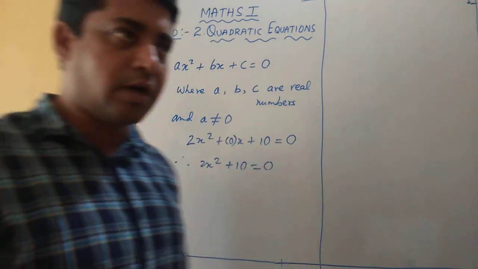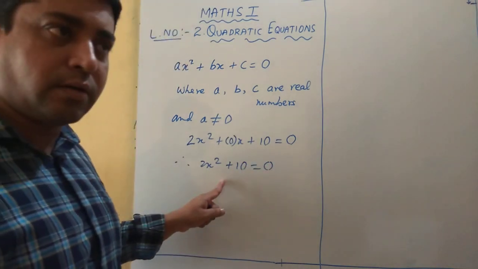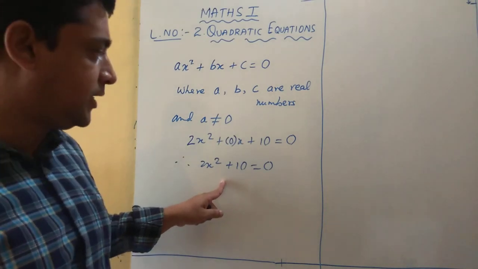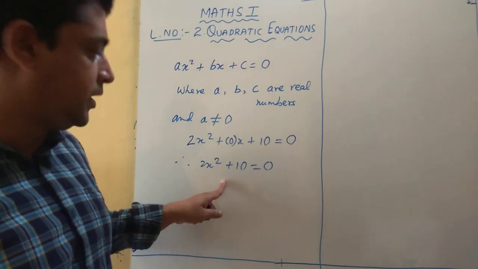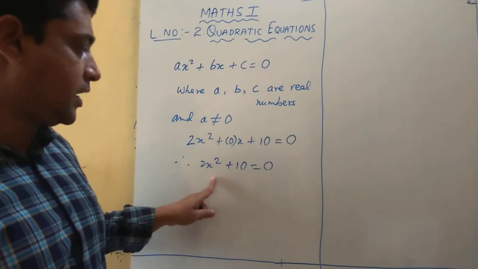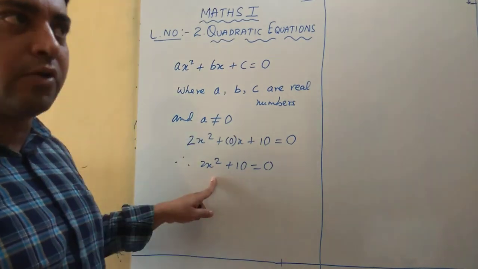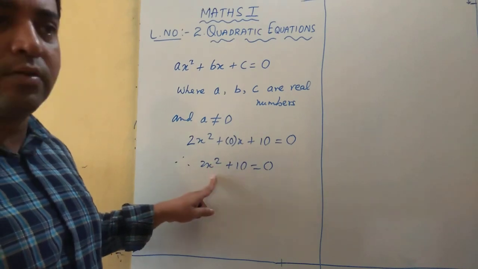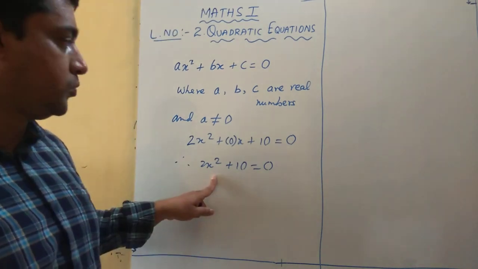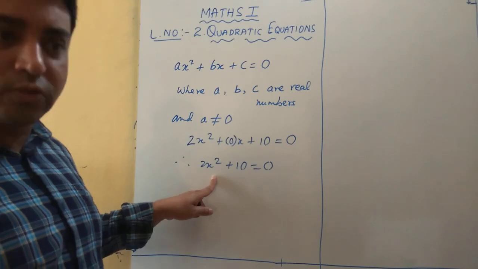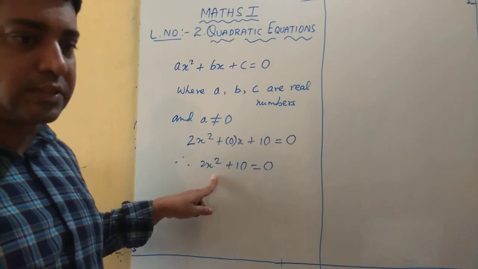Correct? Now here, this doesn't matter. The second term has disappeared, but this can be considered as a quadratic equation. Why? For the quadratic equation, one of the variables should have the degree 2. Any one of the variables. So that's what your quadratic equation is.